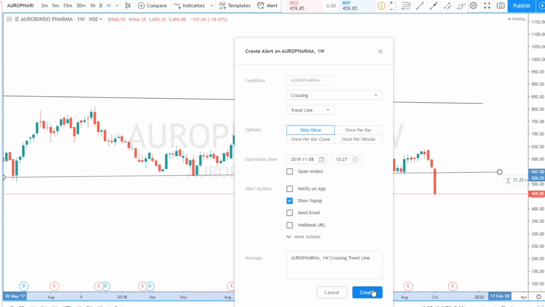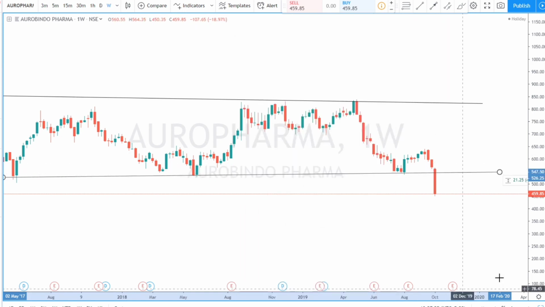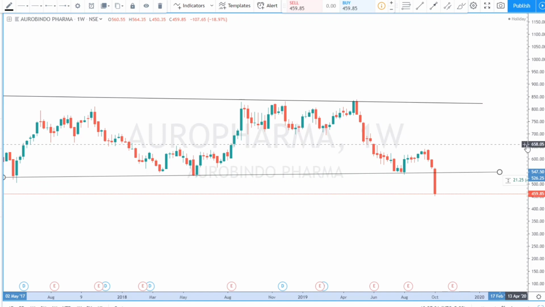Let's just assume that I was busy with some other stocks. The stock will just touch the trend line here, and it will send a notification to me that the stock has touched the trend line, and that will give me an indication, and I will just put my strategy in this and make a trade.